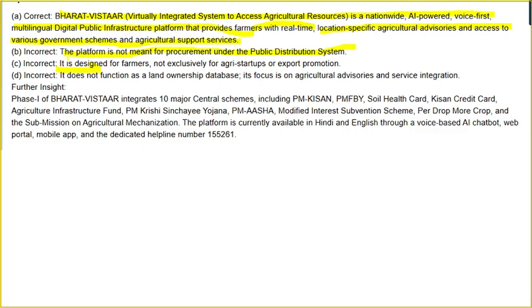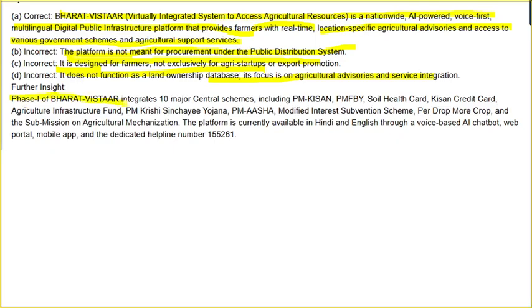It is designed for farmers, not for agri-staff. ये भी गलत है. भारत विस्तार है क्या? यह एक नेशन वाइड AI powered voice first multilingual digital public infrastructure platform है.